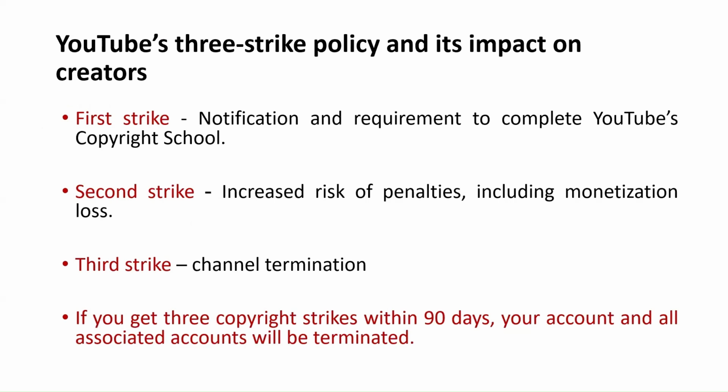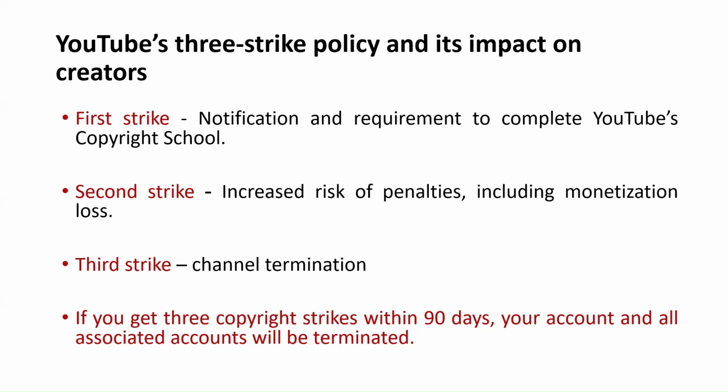Also, it is important to know about the YouTube's 3-strike policy and its impact on creators. The first time you get a copyright strike, you need to go through the copyright school, which helps the creators understand the copyright principles and how they are enforced on YouTube. You can get more information on YouTube copyright policies by watching the video that I have linked in the description box.